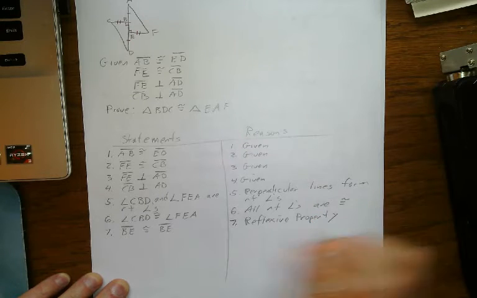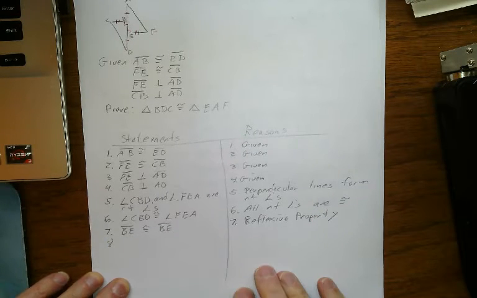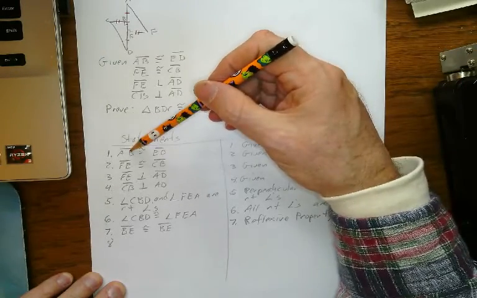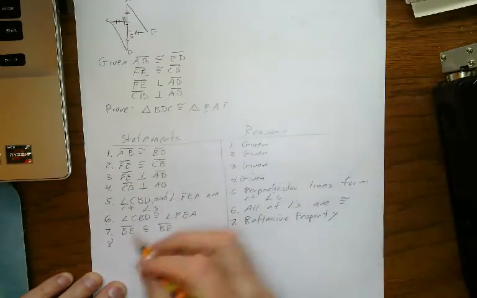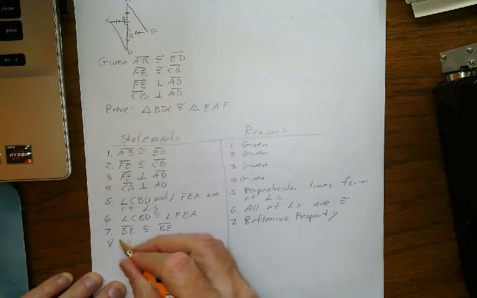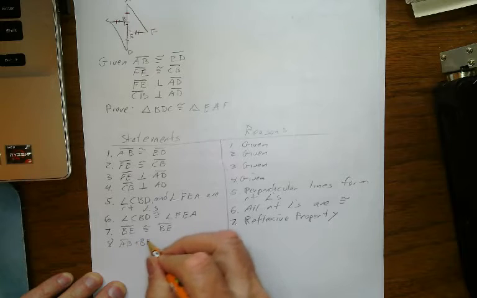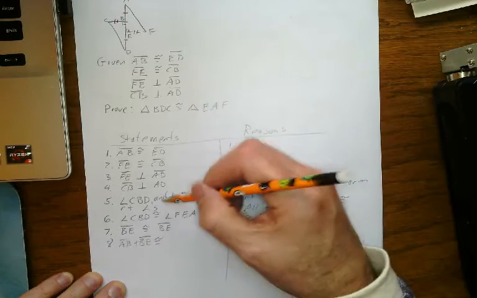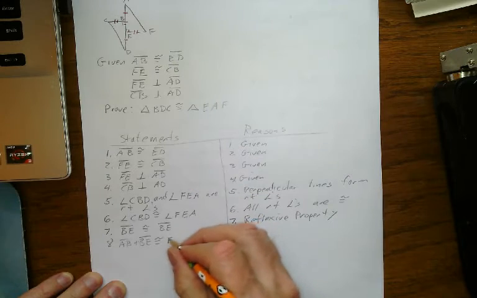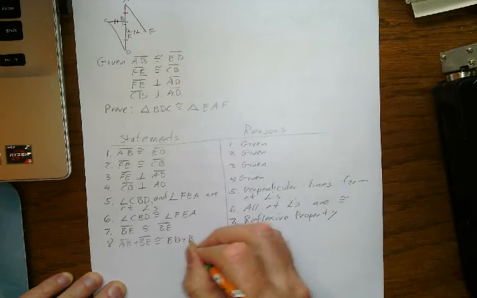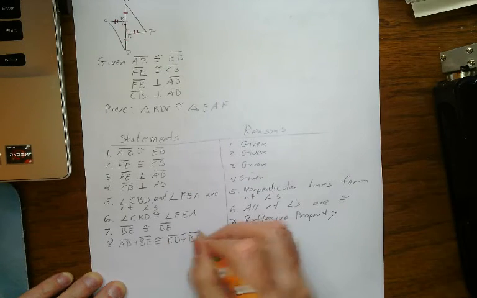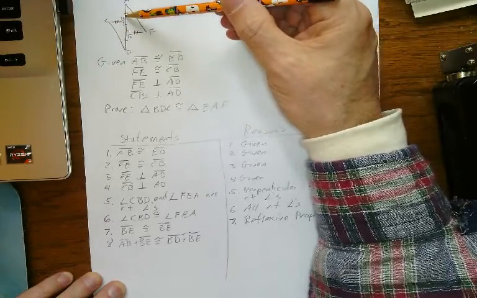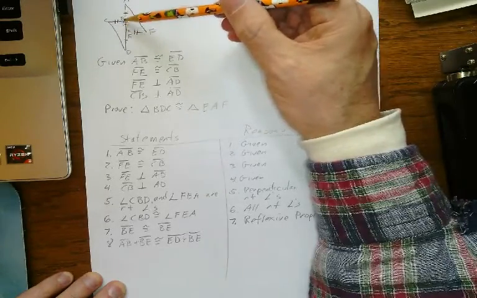Now, why did I do that? Write that down. Well, you see, the next thing I'm going to do is I'm going to say AB plus BE is going to be congruent to ED plus BE. And if you see in the diagram what I'm doing, I'm adding BE to this, AB, and BE to this BD.